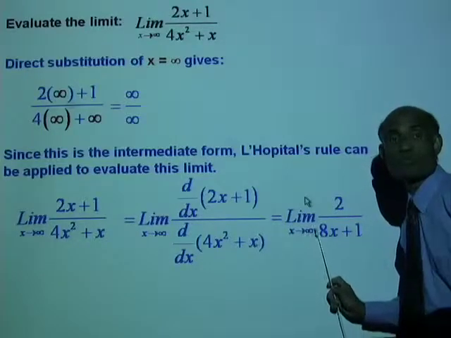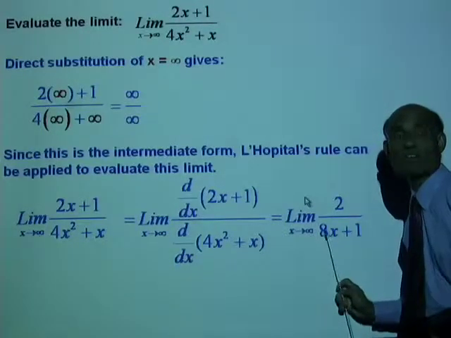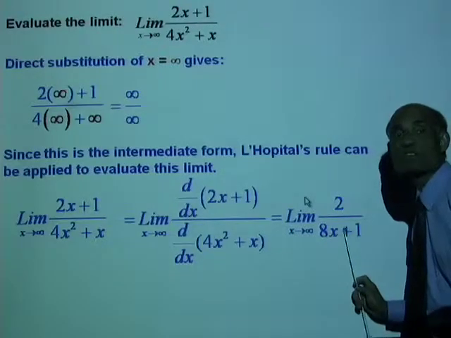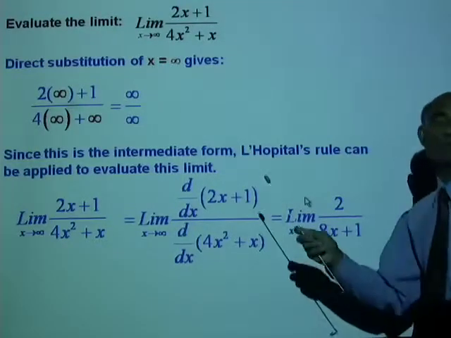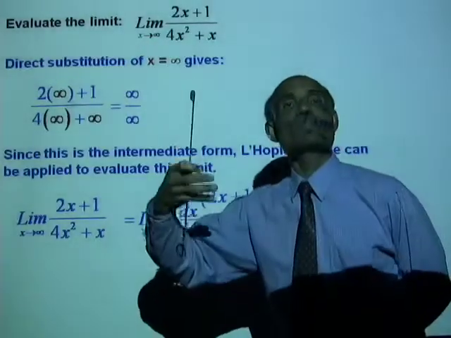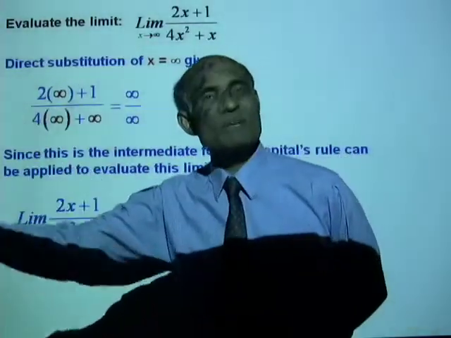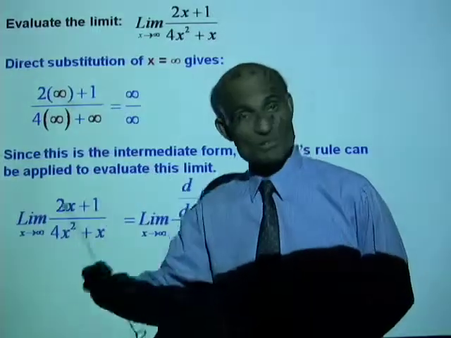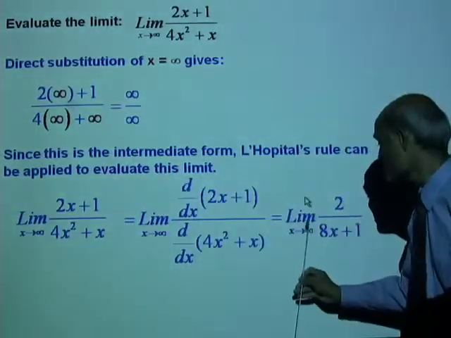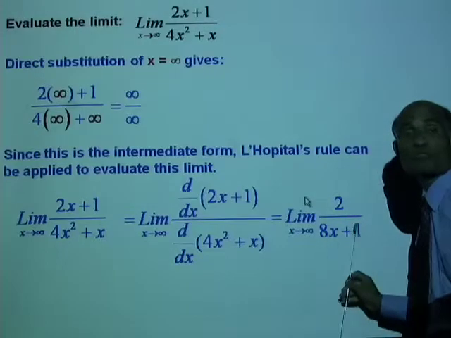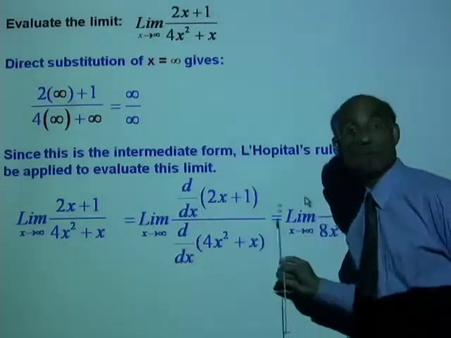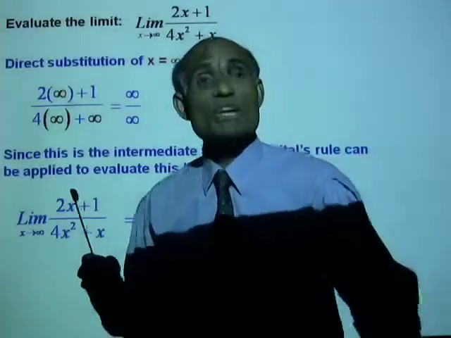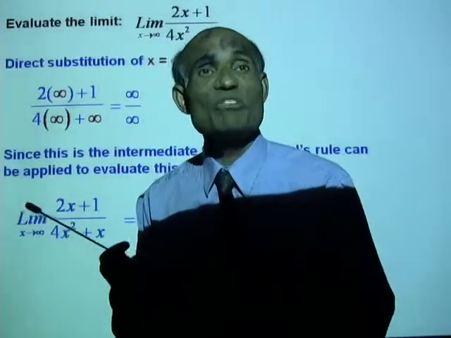Now tell me if you understand the concept. What happens if you replace your x by infinity? It will be 2 divided by 8 times infinity plus 1. If you multiply infinity by any number, it will still be infinity. If you add any number to infinity, it will still be infinity. That means 8 infinity plus 1 is infinity. What is 2 divided by infinity? What do you get if you divide a number by infinity?